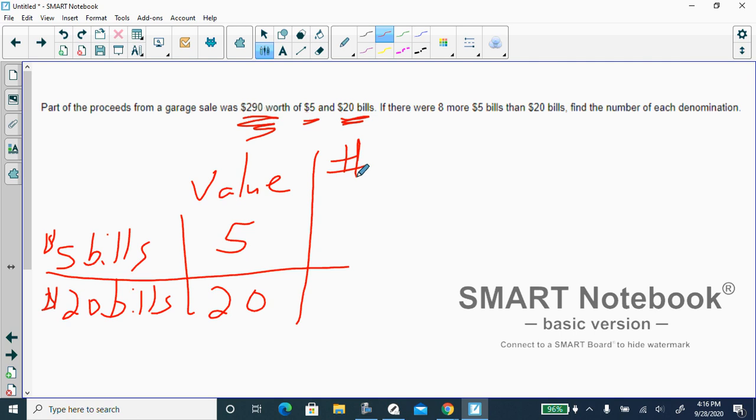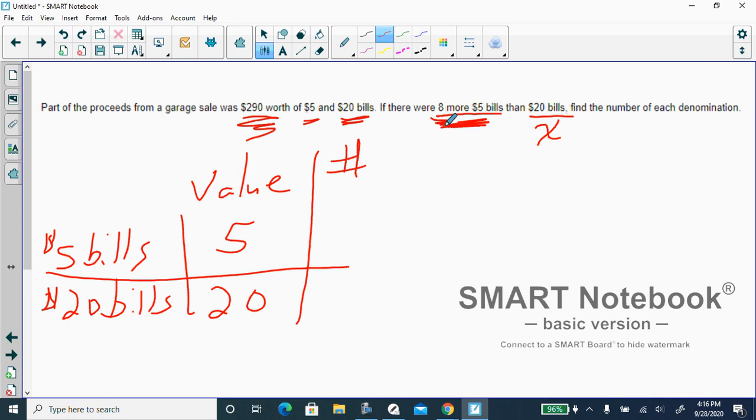It says there are 8 more 5s than 20s. We don't know how many 5s or how many 20s, but if we let X stand for the number of 20s, there are 8 more 5s than 20s.